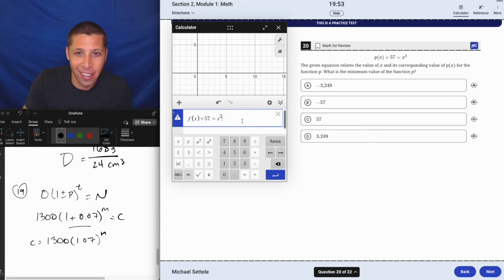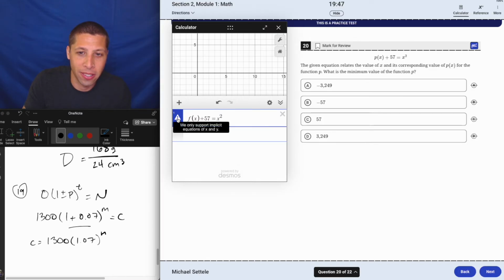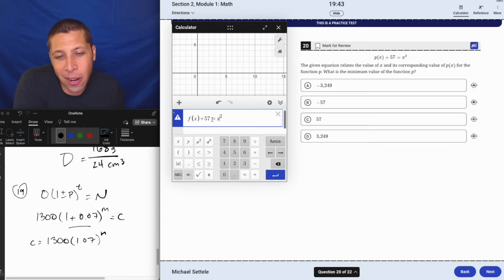Interesting. So here's what they did here. That's very interesting. I would not have expected that, right? So what is it saying? Now, this is odd. This is very odd. Normally this would not, I don't think, bother me or bother Desmos.